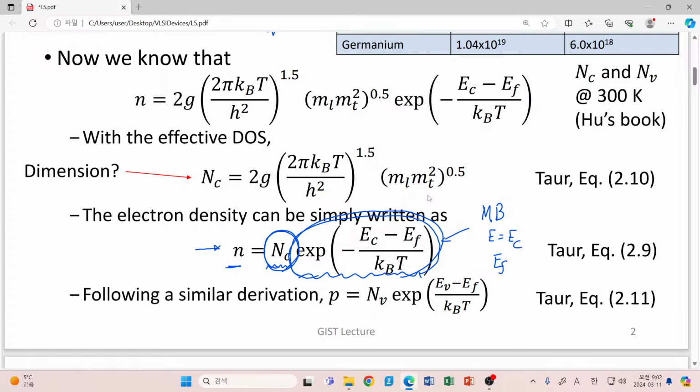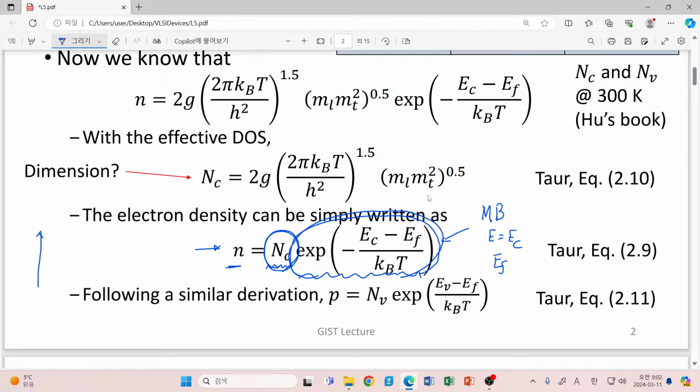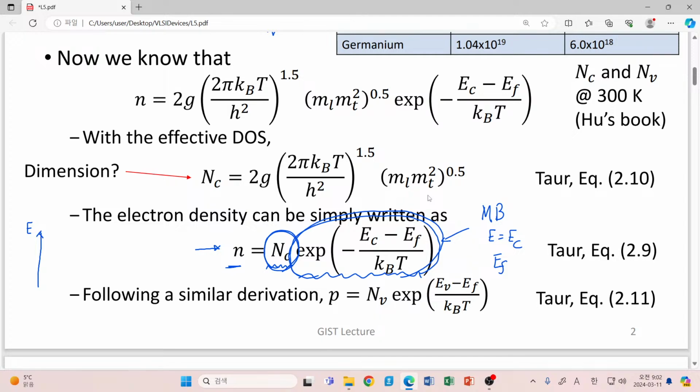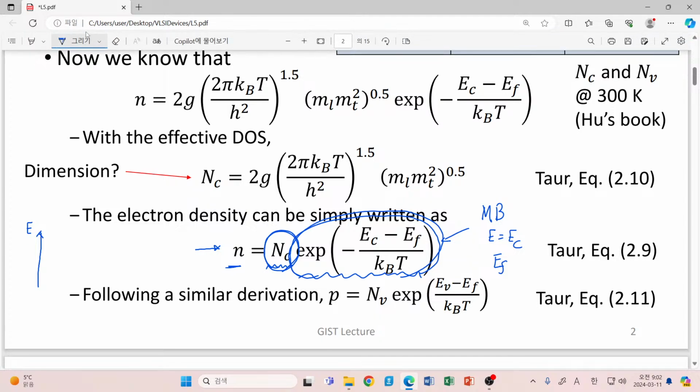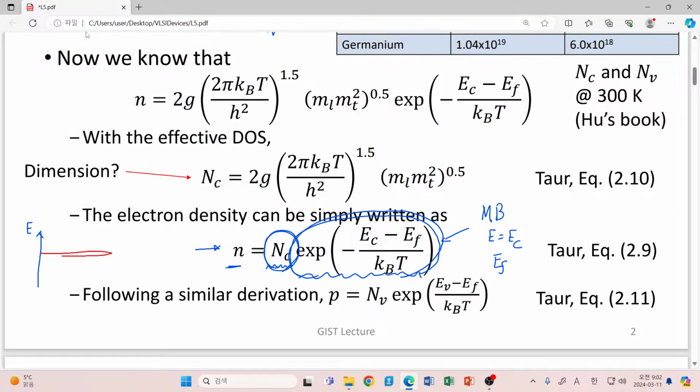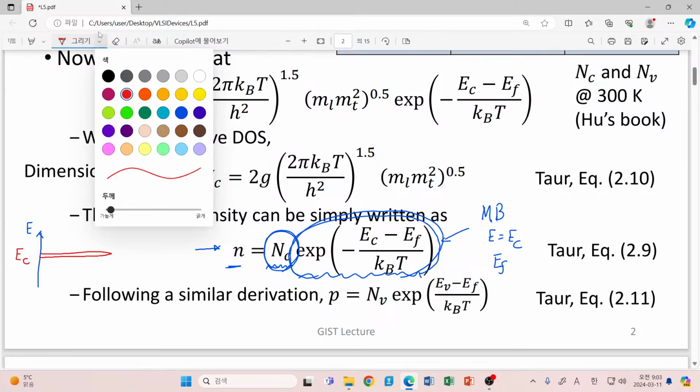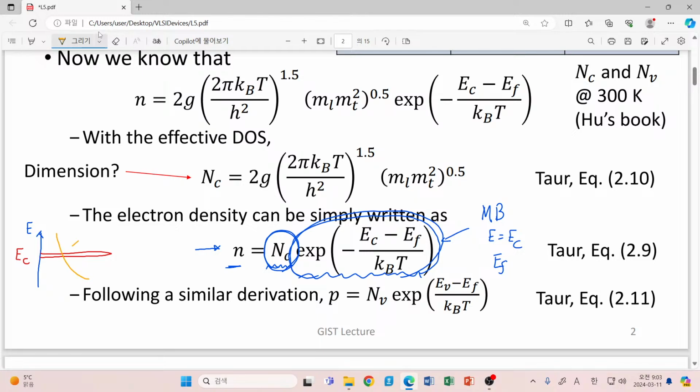It can be roughly regarded this way. Here we have a particular axis corresponding to our energy, and all of our electronic states are just concentrated at an energy E equal to E sub C. That is the minimum energy of our conduction band, and we are asking ourselves what the distribution function is at that point.